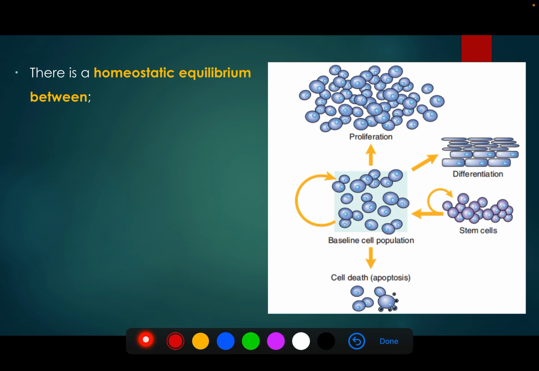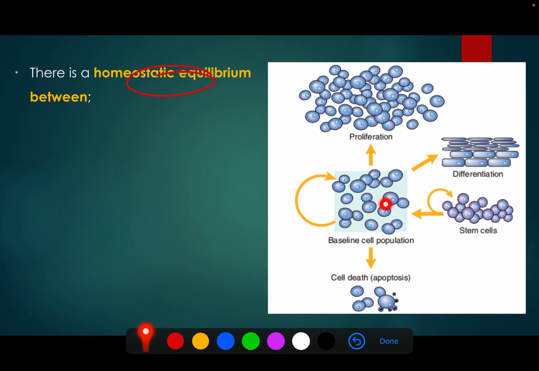After this, when the stem cell divides, there is always a homeostatic equilibrium. What is that homeostatic equilibrium? One stem cell divides into one daughter stem cell itself. That means the number of stem cells will always remain constant. This is one equilibrium.